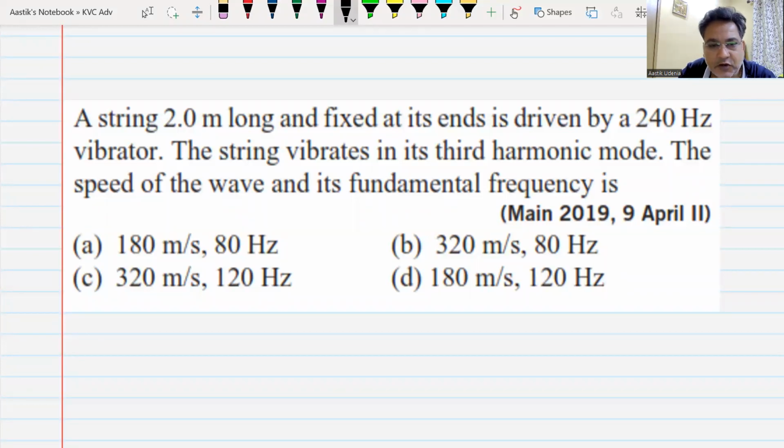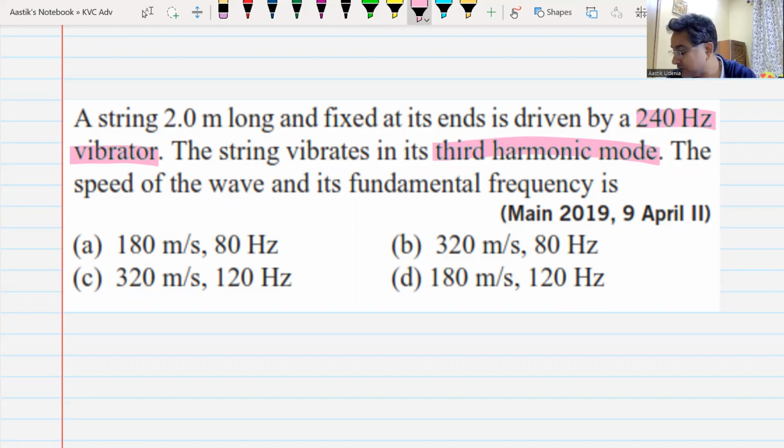So, how are we going to do this? String is fixed at both ends. The frequency is 240 hertz and it is in the third harmonic. So you can find out the fundamental frequency. What will be the fundamental frequency?